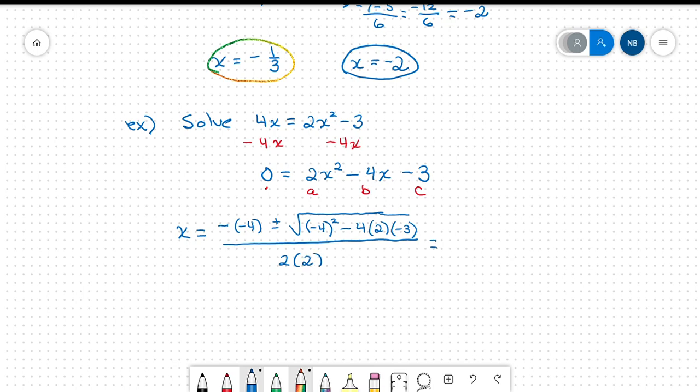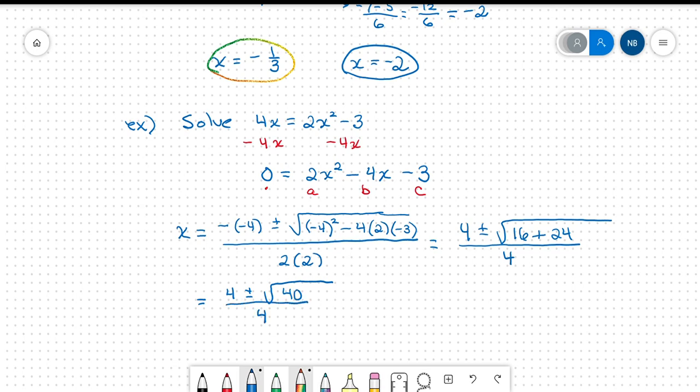This equals negative negative 4, which is positive 4, plus or minus the square root. Negative 4 quantity squared is positive 16, plus 24, all over 4. And this is equal to 4 plus or minus root 40 all over 4.